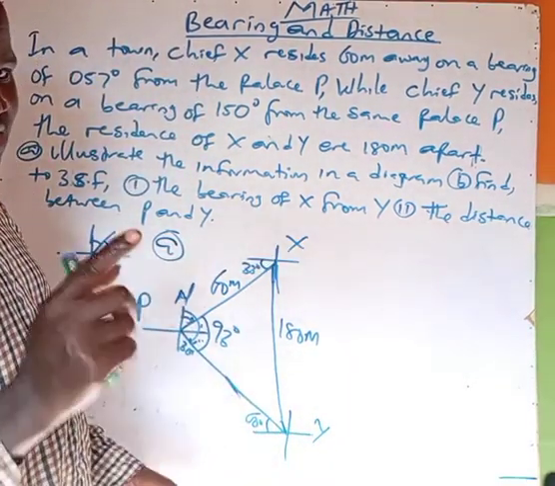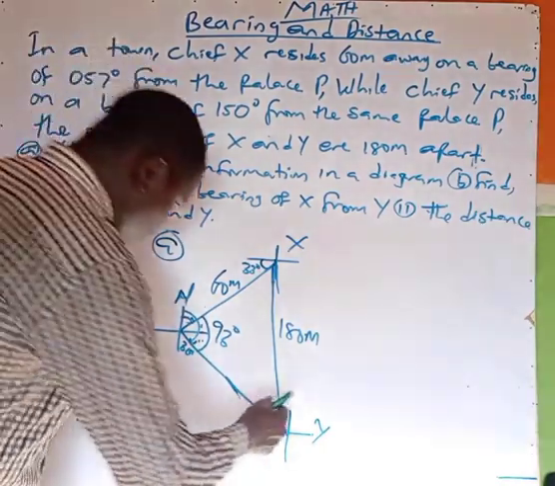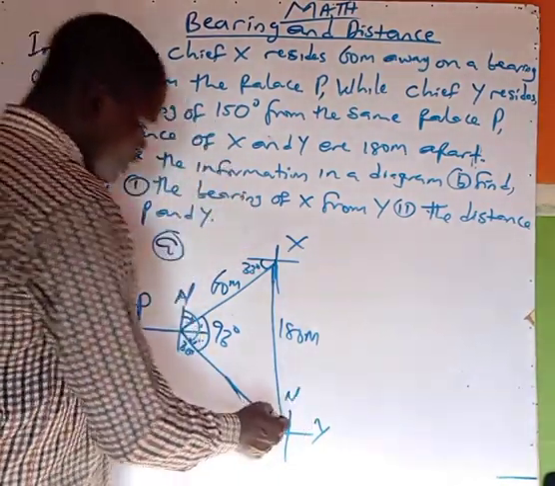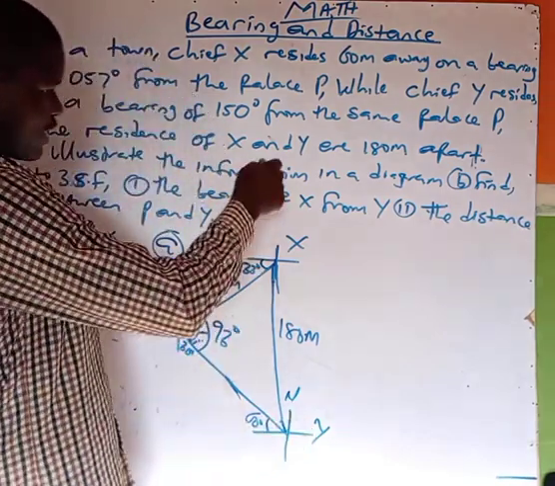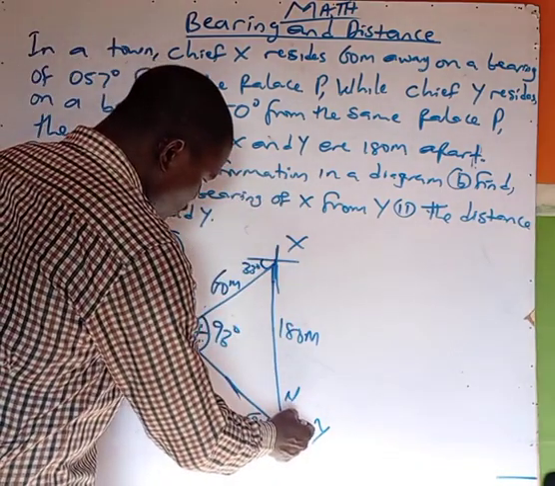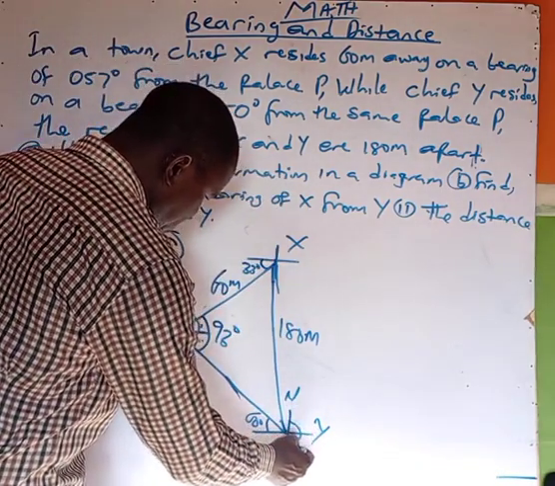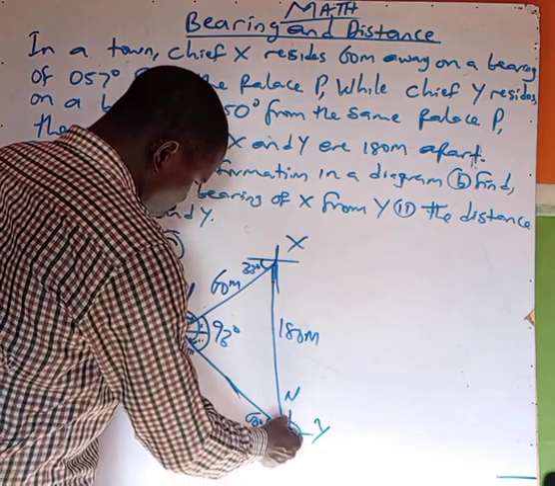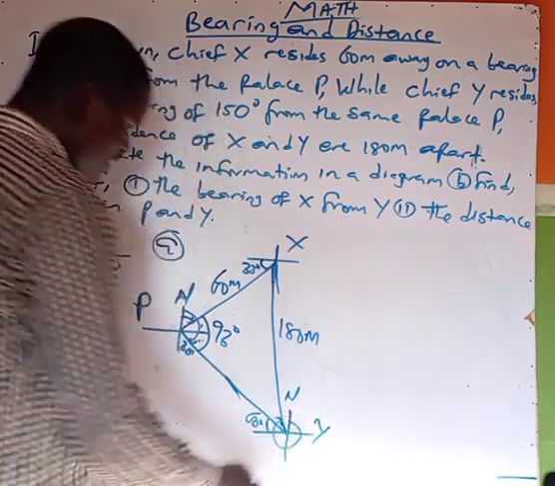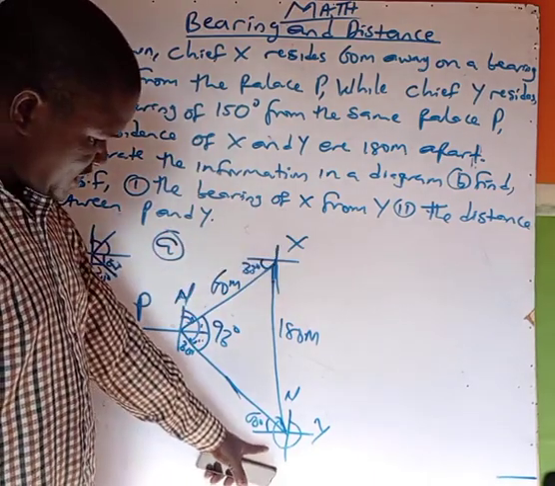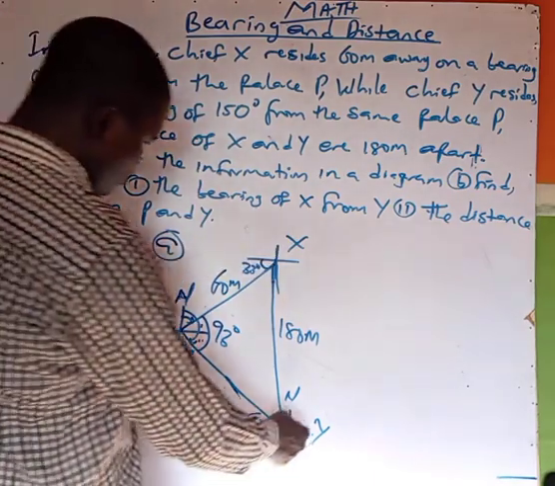I told you we always start from the starting point, which is north. If you want to know the direction of X from Y, how are you going to turn? If you want to go to X, you turn like this until the line that goes to X. So this is how you turn.